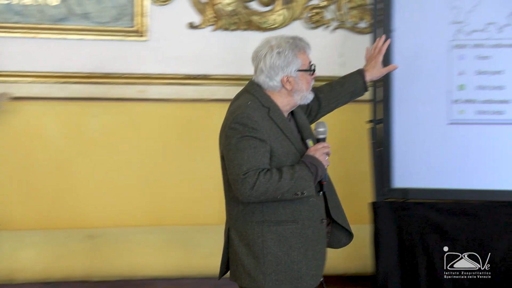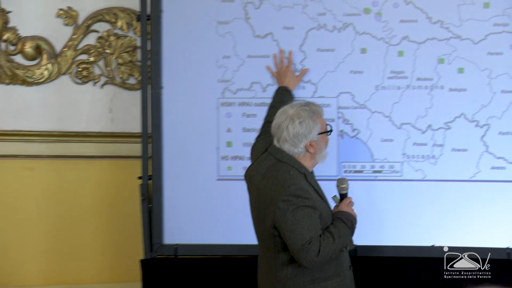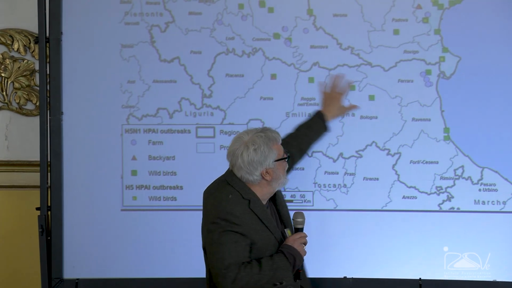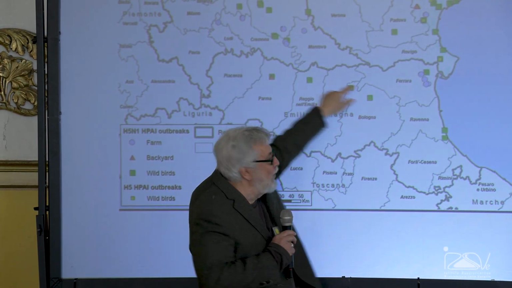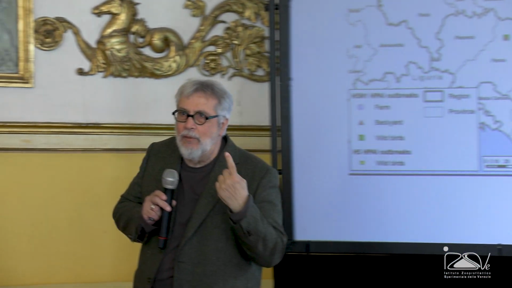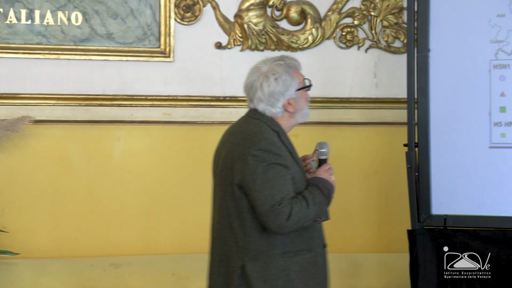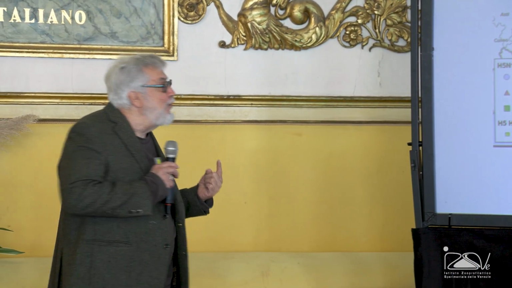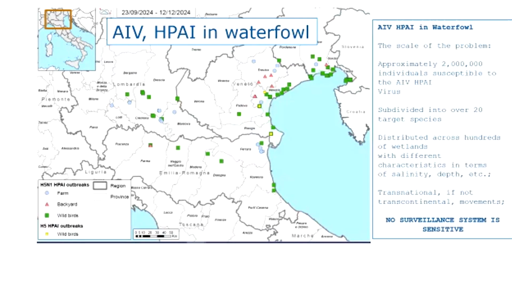In the Po Valley, for our foreign colleagues, this is the Po Valley, this is the Po River. We have 1 million, at least, of waterfowl susceptible to avian flu. During the winter of 24, we had 51 cases reported. 51 cases out of 1 million birds.